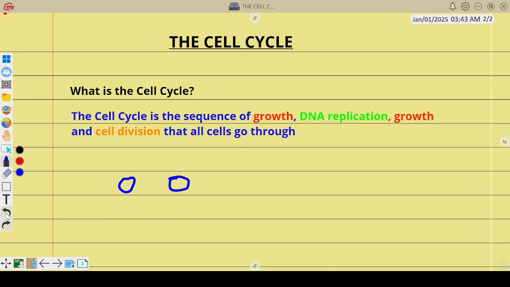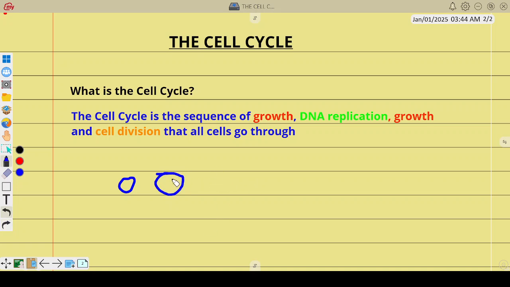If we have 10, it would be 20. So the cell is small. It will start growing, and then it will undergo DNA replication. So the next cell should be at least bigger, so that there's at least enough room.